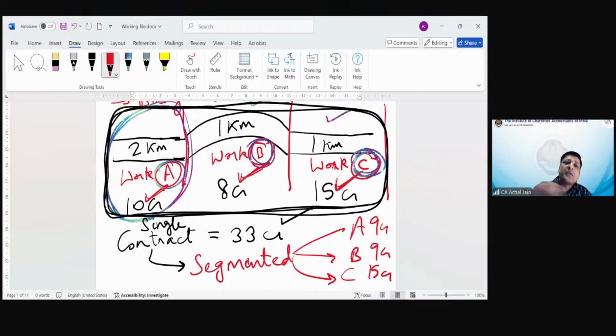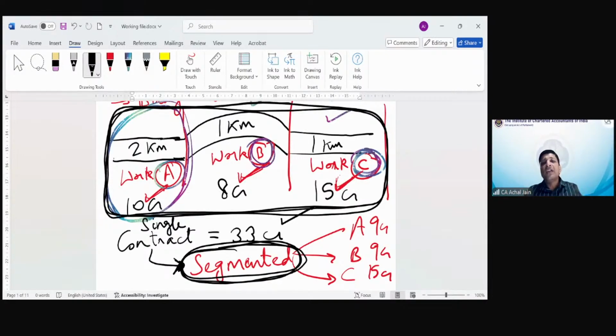But for accounting purposes, we'll have to change this single contract into various segments, or you can say into various contracts only for accounting purposes, and recognize revenue for work A. Why? Because that work is completed by the financial year end, or you can say, in relation to that work, the revenue recognition criteria is met.